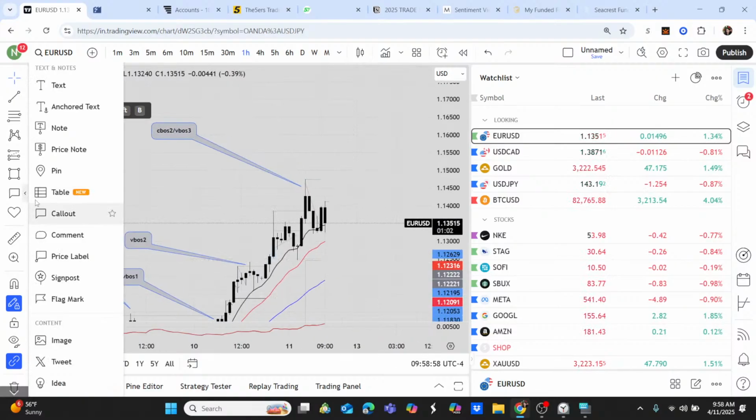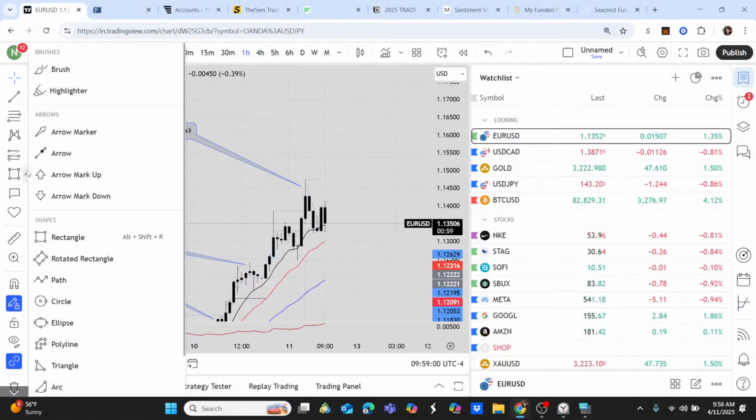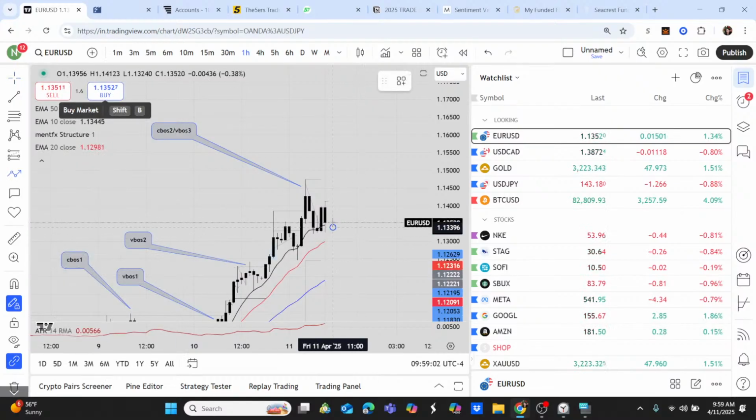Doesn't mean price has to do this, but if I can get a break, then price pauses against that 10 and 20, then I could look for the confirmations.